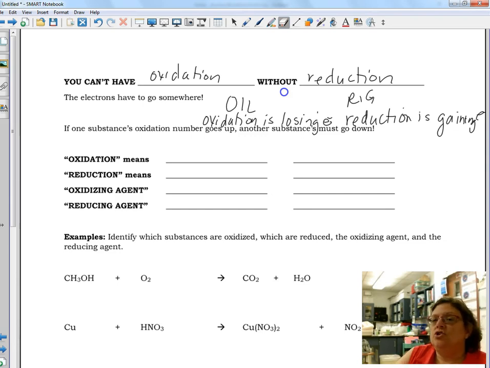That means the charge is going to increase. You see it here, losing, and you think, oh, that means the charge will go down. But remember, electrons are negative, so if we're losing electrons, our charge will go up. The charge will increase if it's being oxidized, and it will decrease when it's being reduced.